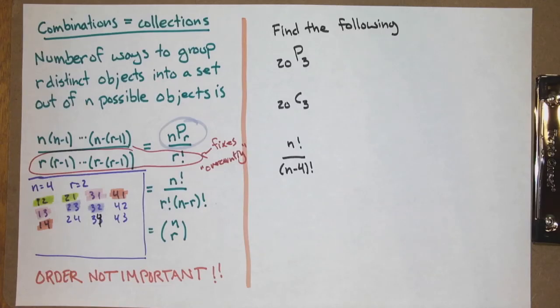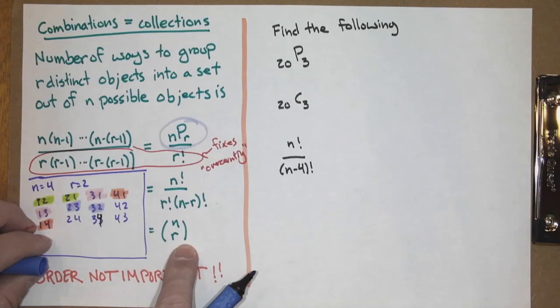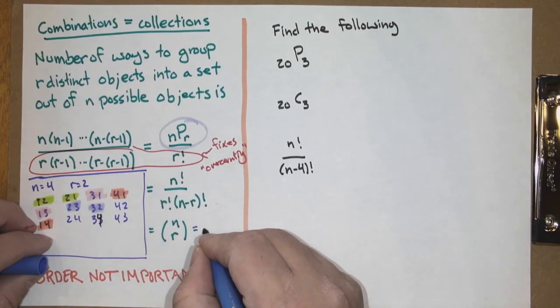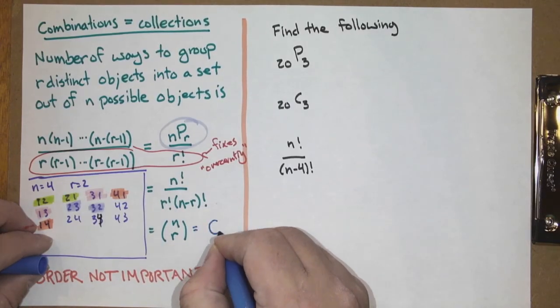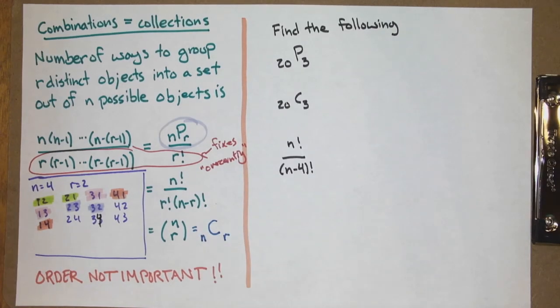So we end up with the formula for our number of ways to pick things out is n factorial over r factorial times n minus r factorial. Oftentimes people do this using these long parentheses, n over r, and the other notation is similar to the C, and then you just put the n and the r.